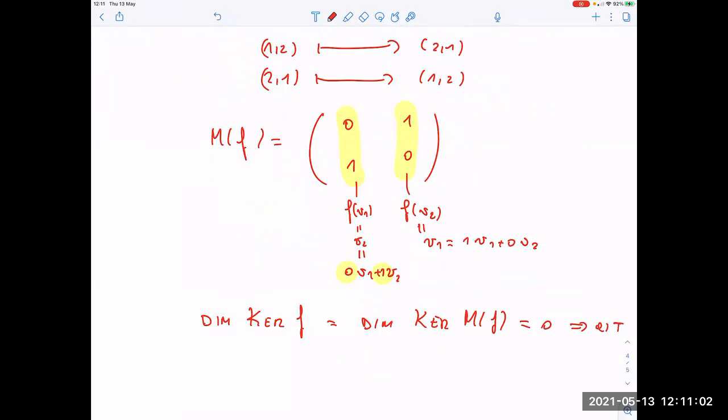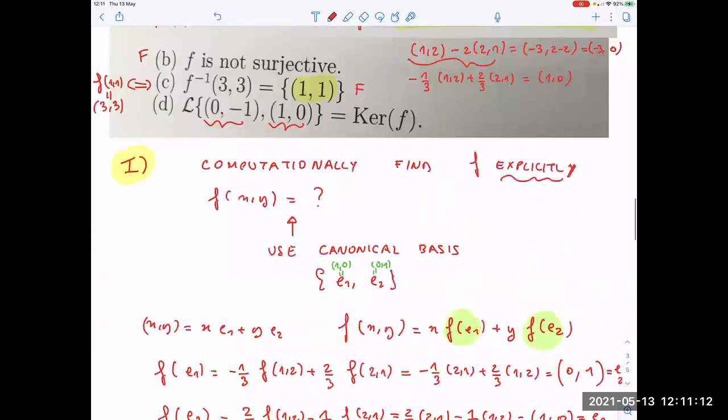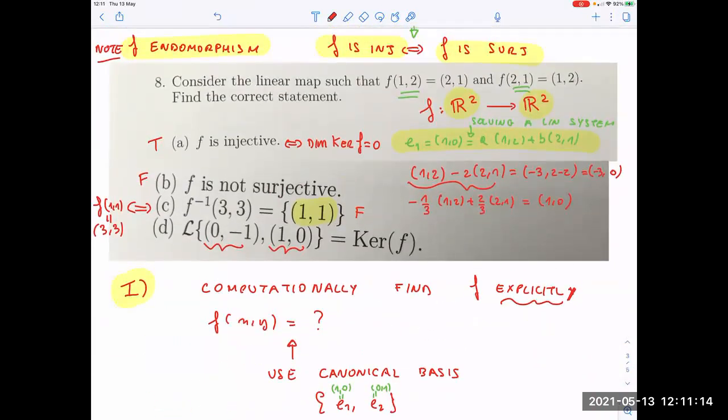This is telling you also that option B is false, and that option D is false. About option C, it was just a matter of checking and remembering what the pre-image is. Okay, any doubt, question, or remark?